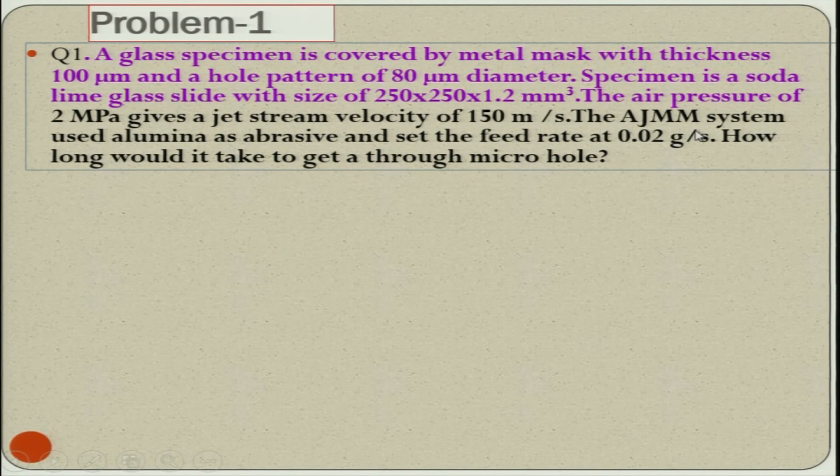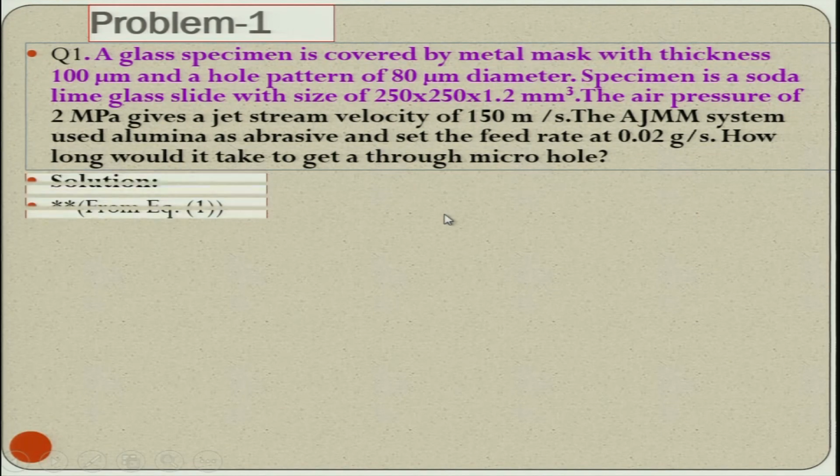The AJM system used alumina as abrasive particles and set the feed rate at 0.02 gram per second. Now, please note it carefully, 0.02 gram per second is the feed rate of the abrasive particles. How long would it take to get a through micro hole?